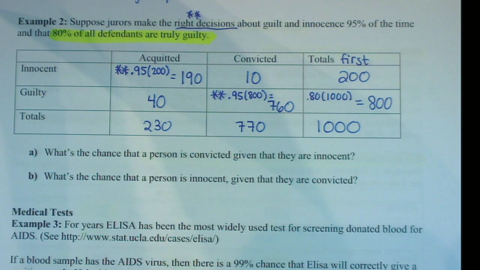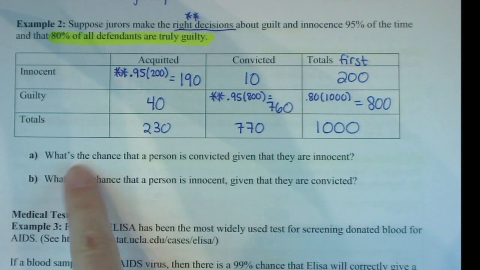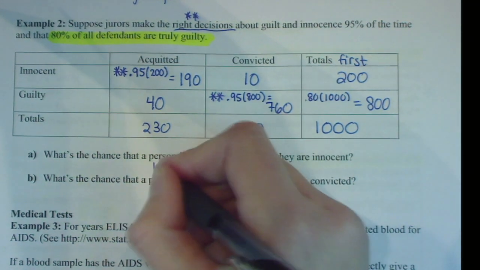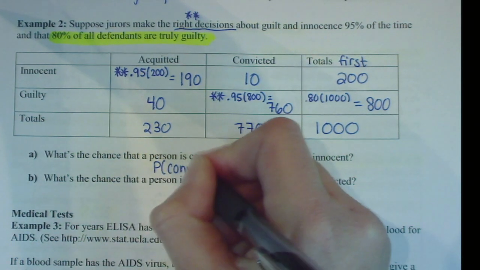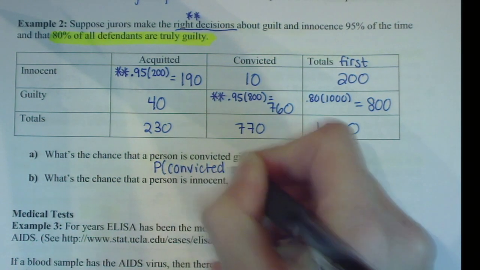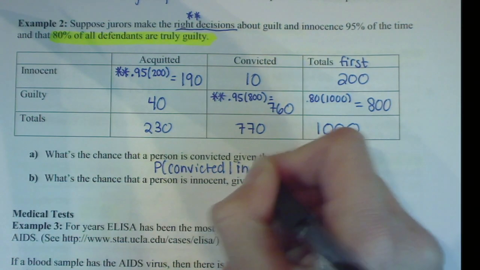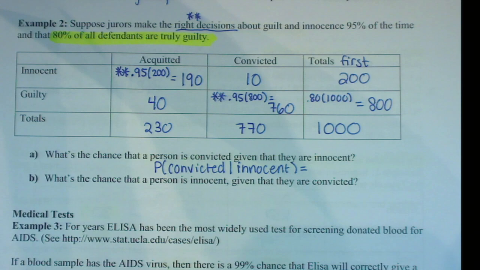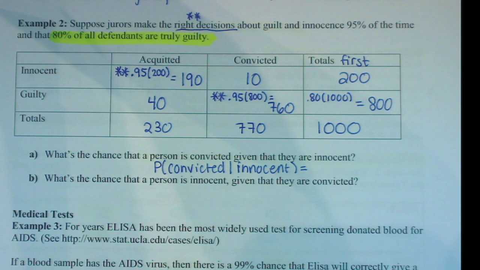So I made my table before I even looked at the questions because I know the table is going to help me answer the question. What's the chance that a person is convicted given that they are innocent? So we want to know what's the probability that they're convicted. Ooh, that's not good. Convicted given that they are innocent. Hopefully that's low. So we're given that they're one of the innocent people.